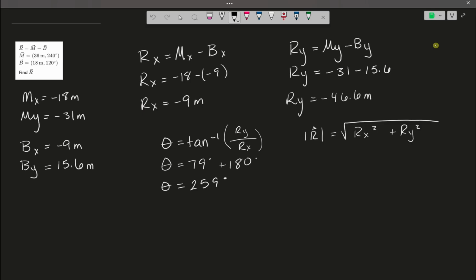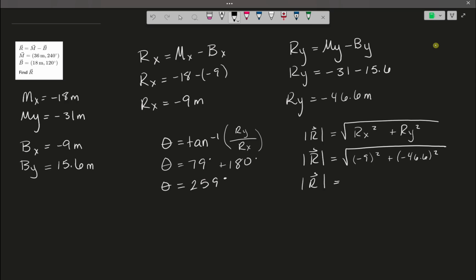Now, in order to find the magnitude of the vector, I use the Pythagorean theorem again. And all of this was covered in the last video that I did. So if you're confused, go review that. So this would be negative 9 squared plus negative 46.6 squared. And notice how I put these in parentheses. Make sure that you use the parentheses on your calculator whenever you're typing it in.